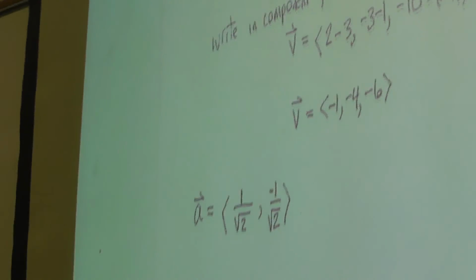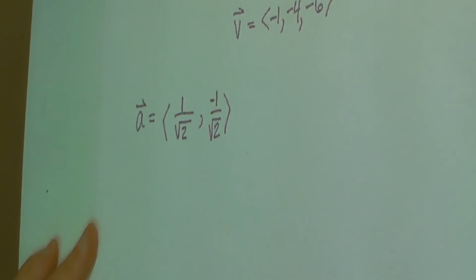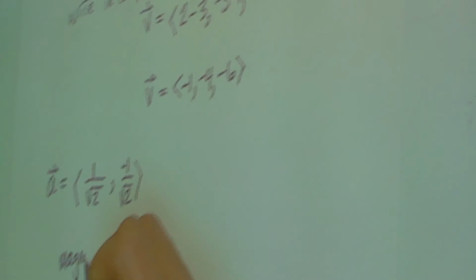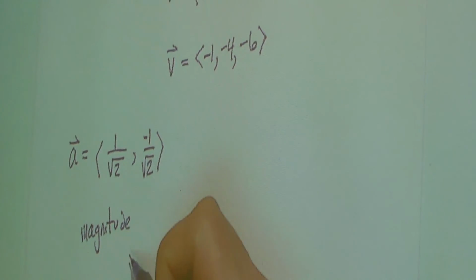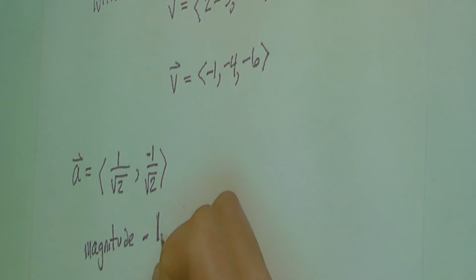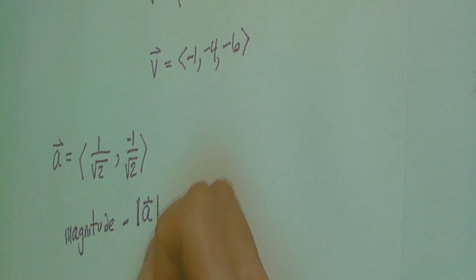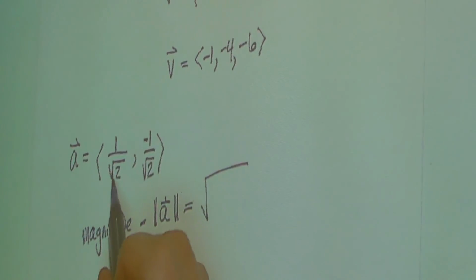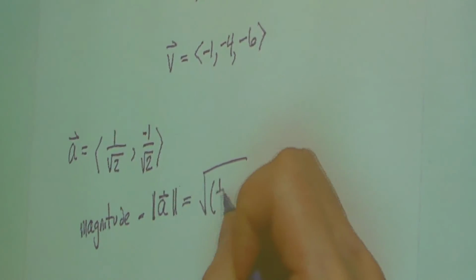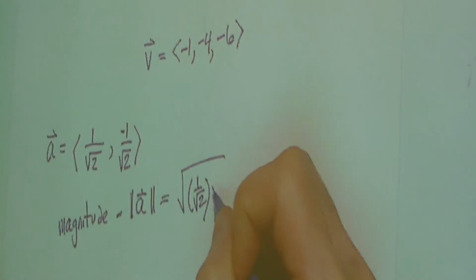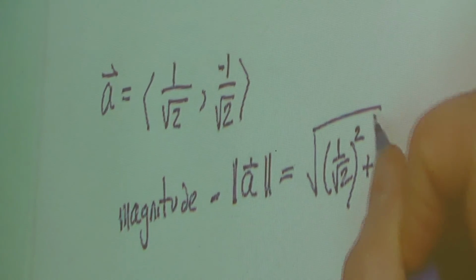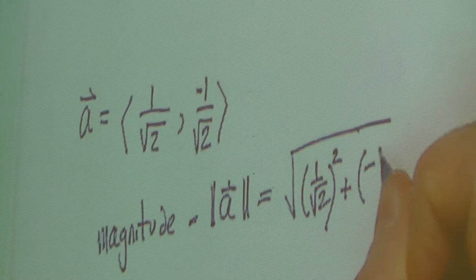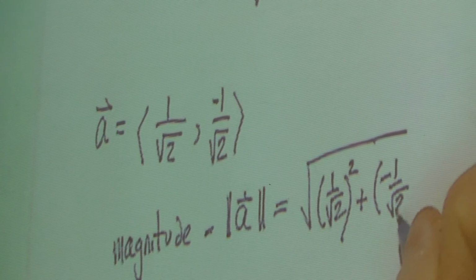Here's a vector. Its magnitude, which I would denote with these double bars around A, is the square root of the x component squared plus the y component squared.